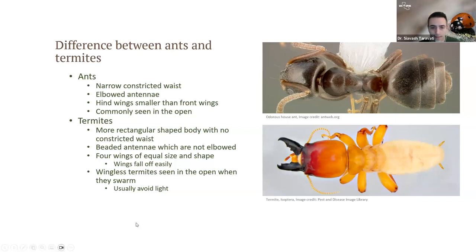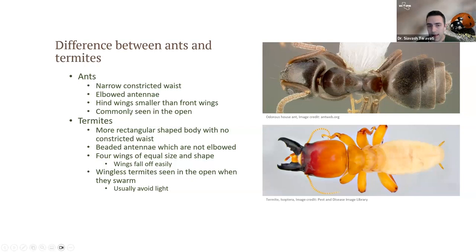One way to distinguish them is the waist that ants have, and of course, termites don't have it. The second one is the elbowed antennae, which you can see in ants, but you don't see that in termites.